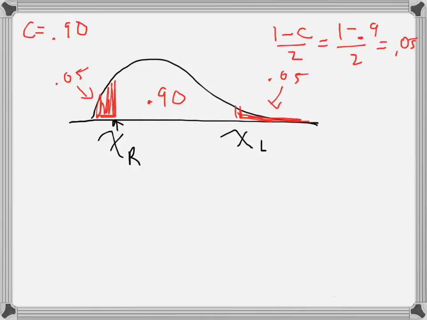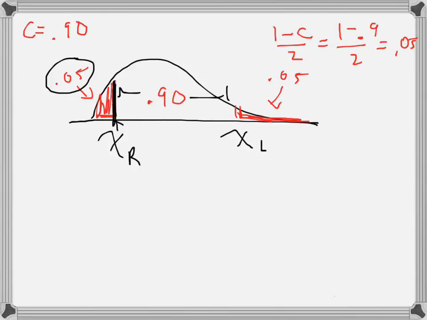And that might break your intuition. You're like, wait a minute, if I look at this 90%, this is on the left, this is on the right, how come they're backwards? Well, really what we're saying is that this number is on the right side of 5% area.